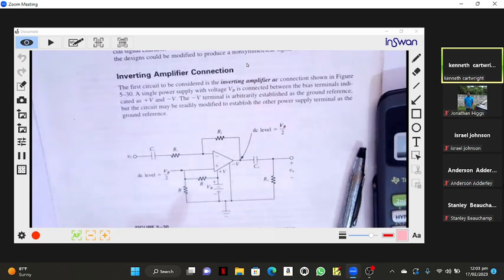Now, if there's DC voltage on the output, then we need this capacitor here. What is this capacitor called? From 235, what is this capacitor called?